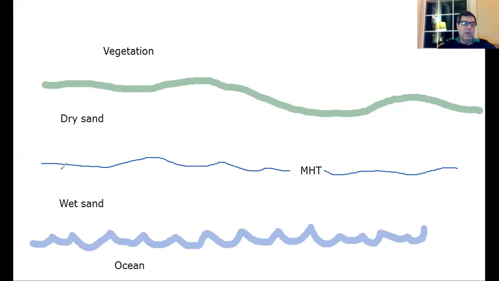The average place where the high tide goes on that particular beach. And then above the mean high tide mark, you've got the dry sand that people often like to use for laying out and that kind of thing. And then if you go further up, then eventually you'll find vegetation taking over and it's no longer sand.